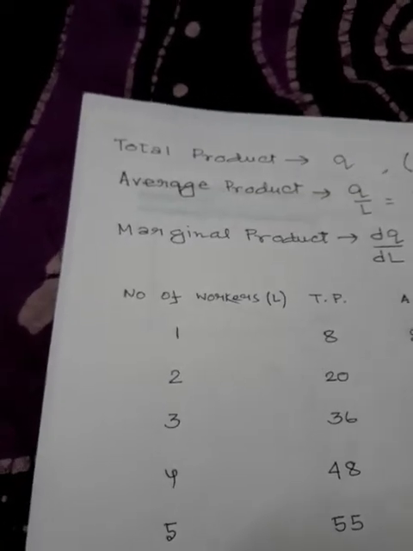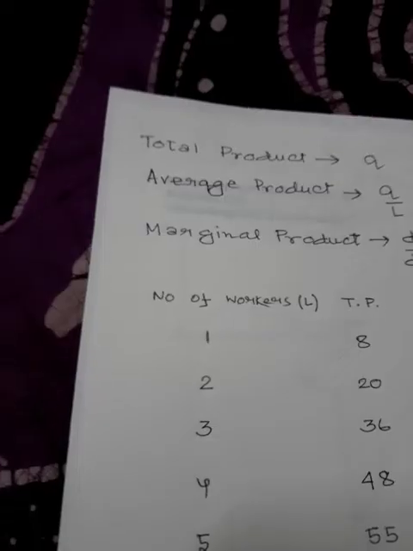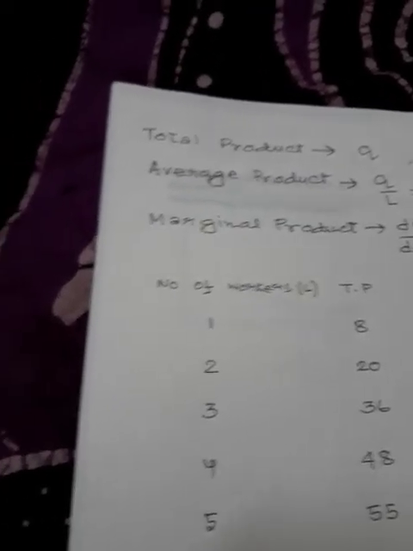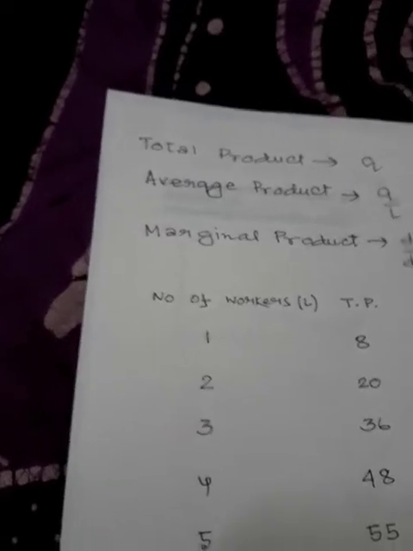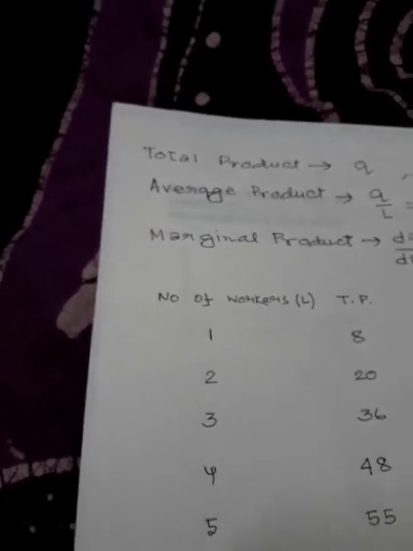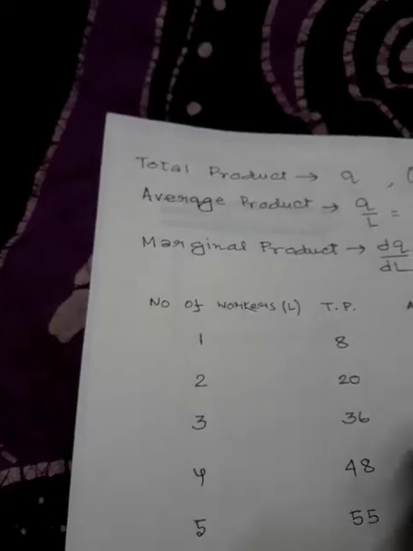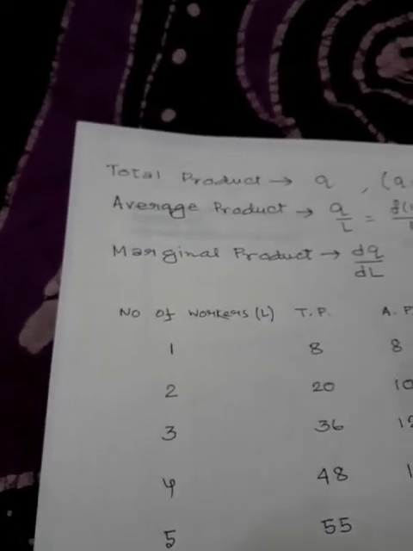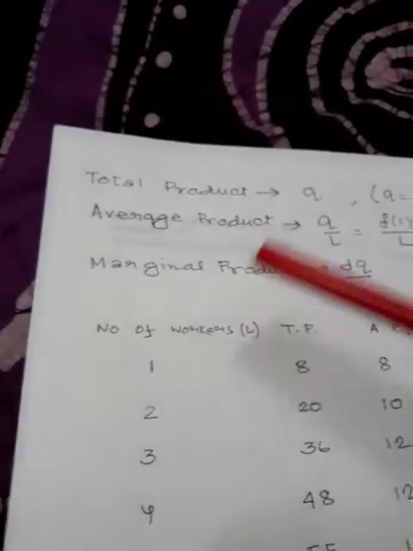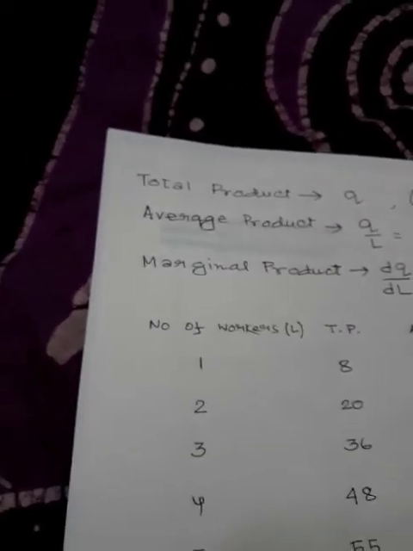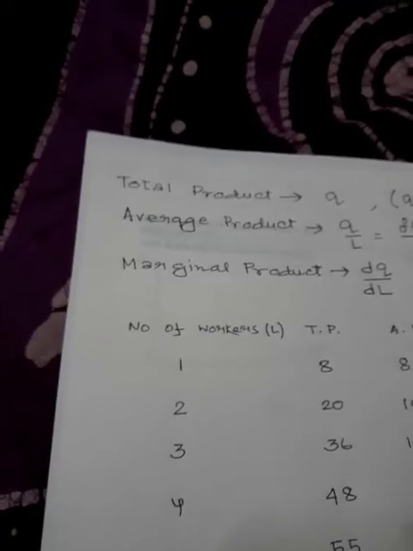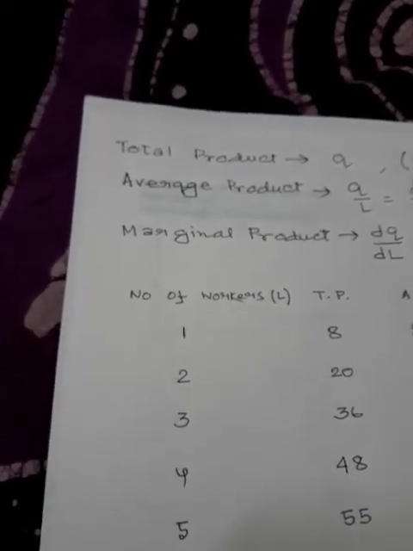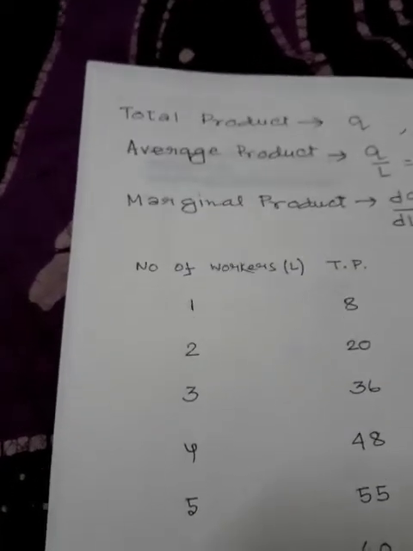Now we deploy another, the 11th laborer, and the total product is now, suppose, 112. When labor goes from 10 to 11, production increases from 100 to 112. So an increase of one labor means an increase in production of 12 units. So, 12 is the marginal product.